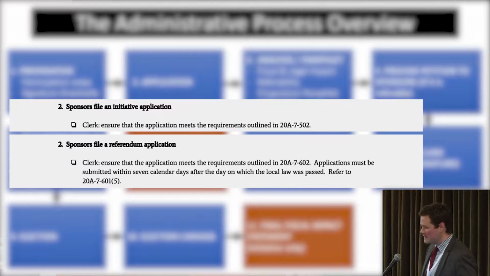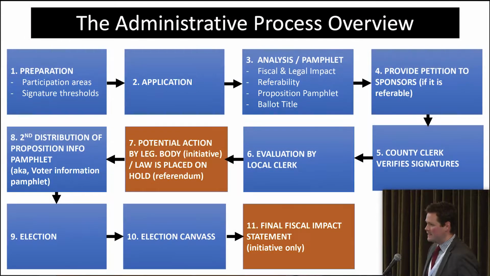If it's a referendum, they have to provide the full text of the local law being referred. If there is no text of the local law, there is a caveat where they can provide a description of the act being referred.